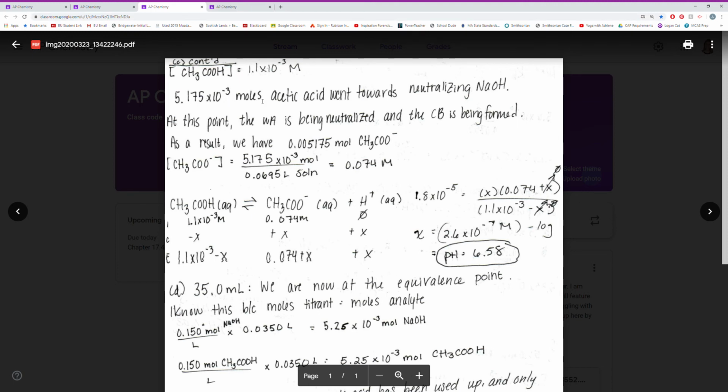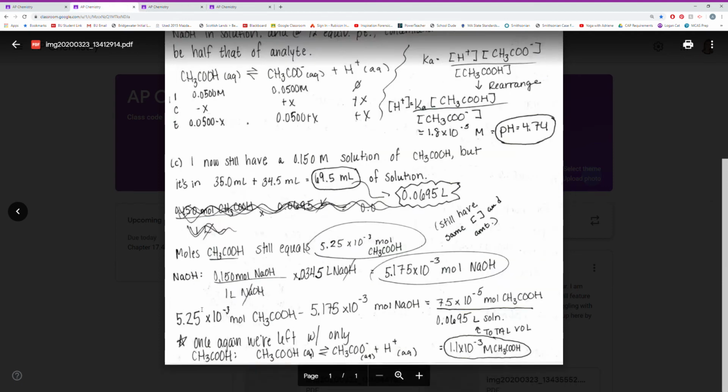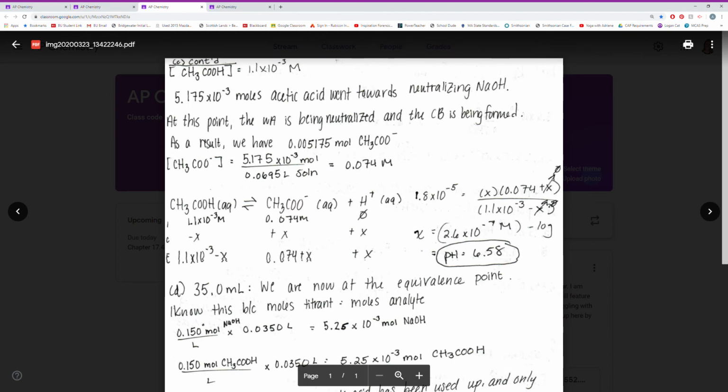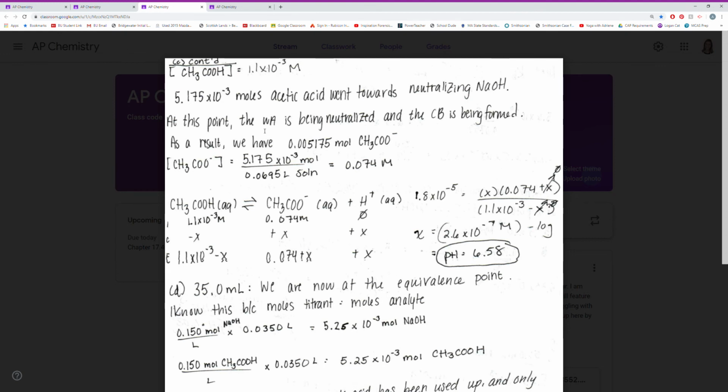5.175 times 10 to the negative third moles of acetic acid went towards neutralizing the sodium hydroxide, and I know that because that's how much sodium hydroxide I had. As that acetic acid is being neutralized, the conjugate base is being formed.